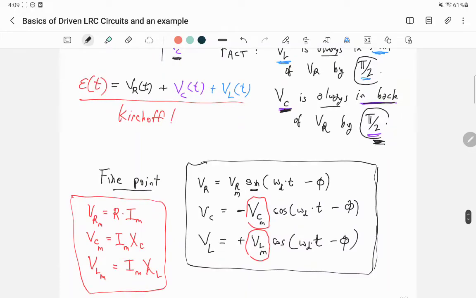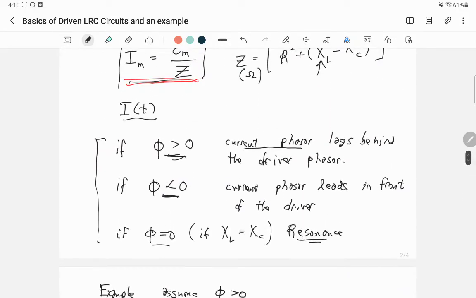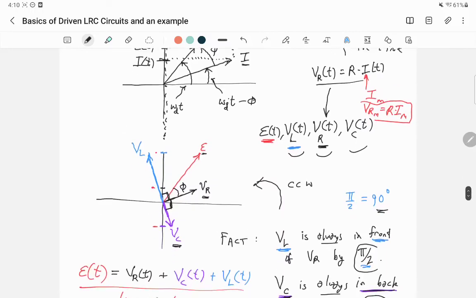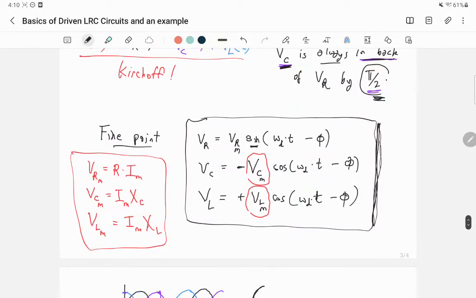Here they are, actually, right? Functions of time. So can you see that omega sub d, that was one of the pieces of information given. The phase angle phi, well, you have to figure that out. The phase angle is given here, right? Depends on the inductance, capacitance, the resistance, as well as the driver frequency. So all givens, right? Okay, and these are the voltages.